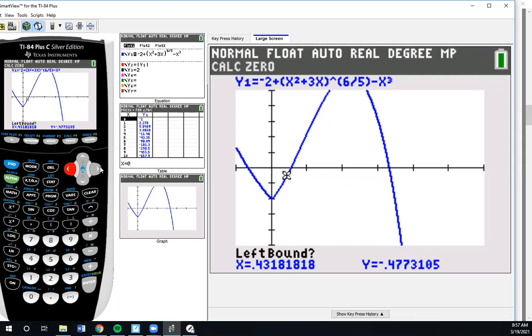Left bound, so it's asking you to kind of zoom in on where the 0 is. So pick a point to the left of the 0, hit enter. Pick a point to the right of the 0, hit enter. So you told the calculator, I want the 0 that's in this little window here. And then where is it? It's about here. So 0.536 is where v of t changes from negative to positive. And then you do the same thing for the other point to figure out where it changes from positive to negative.